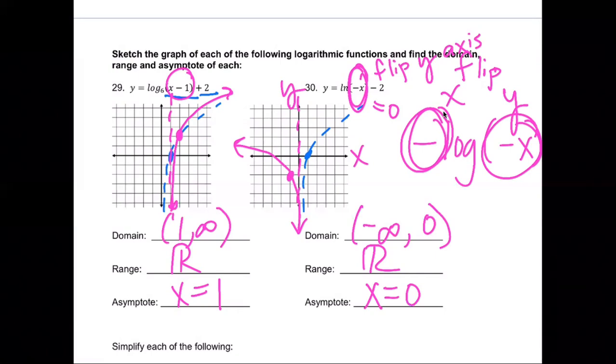Do you have any more questions? Okay, so the answer key is on here or on Canvas, so you can always go back and look at that.